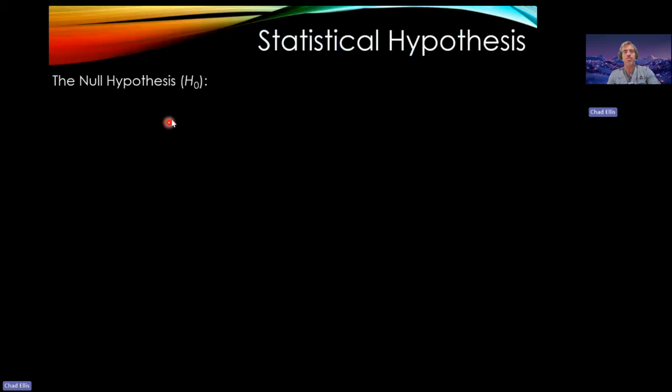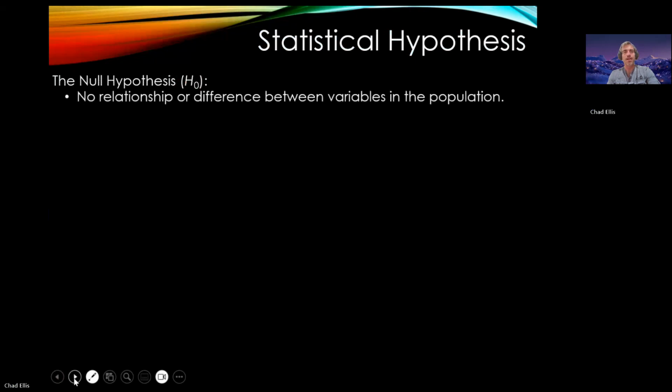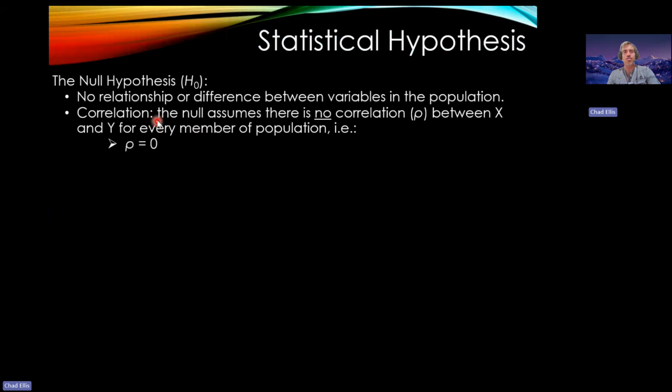Our null hypothesis, usually symbolized H0, is that there's no relationship or difference between variables in the population. In terms of correlation, how well associated 2 variables are, the null assumes that there's no correlation between 2 variables. The correlation in this case is symbolized by this kind of funny rho, ρ, here.